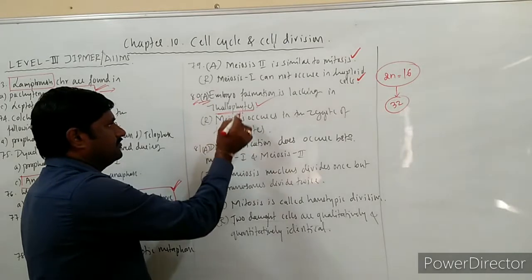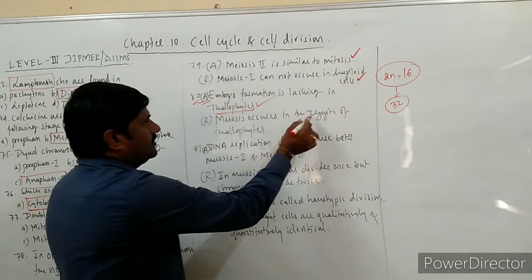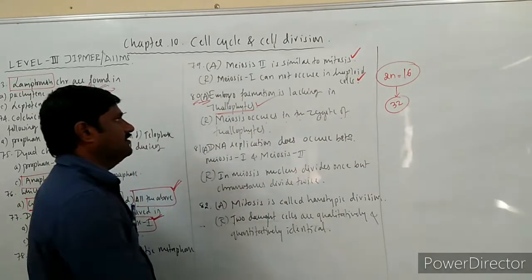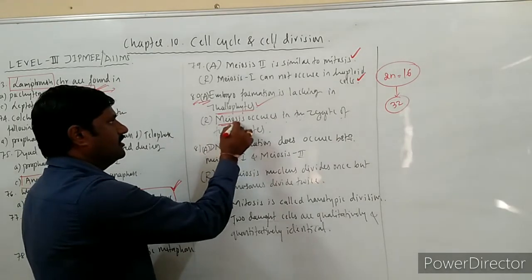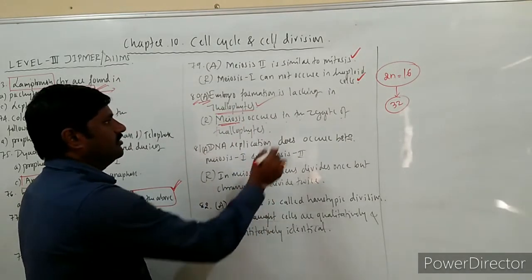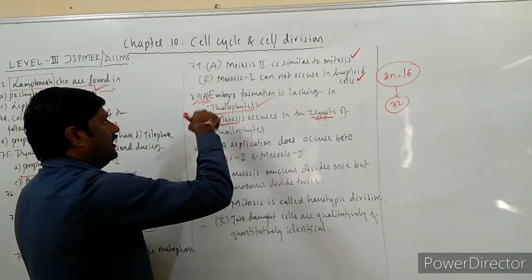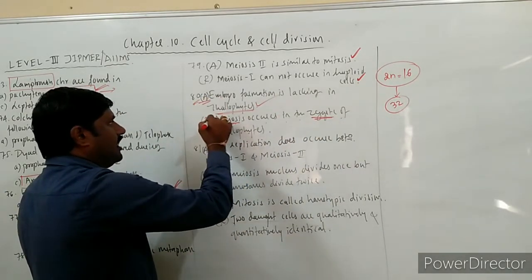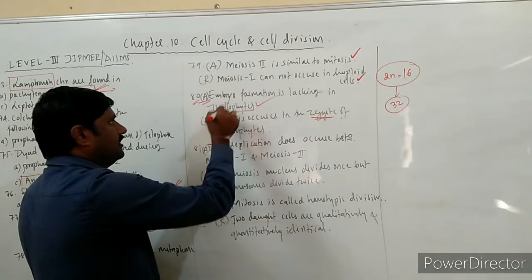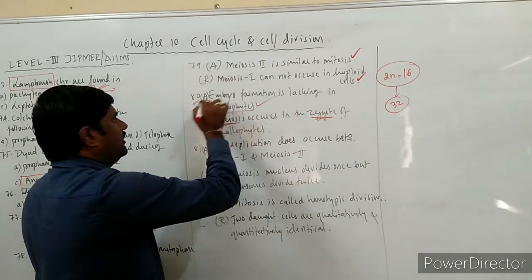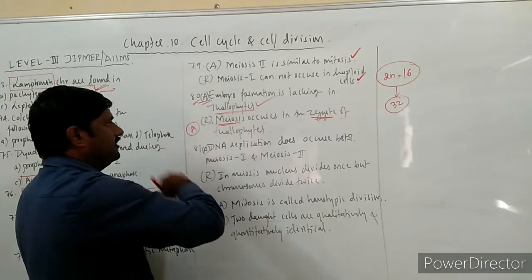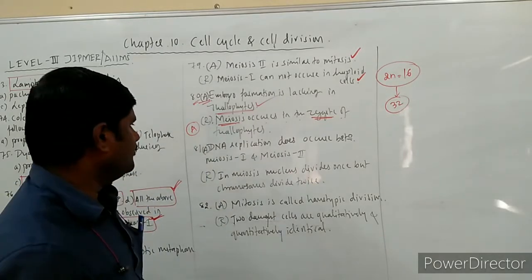Assertion is right. Meiosis occurs in the zygote of thallophytes. Because of this reason only, meiosis occurs in thallophytes, especially in the zygote. So option A as well as R are both right here. R is the reason for A. That's why option A will be the correct answer for this question.